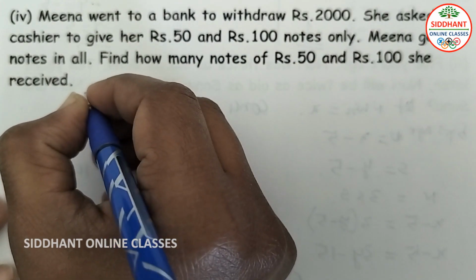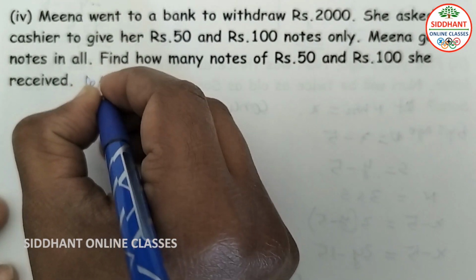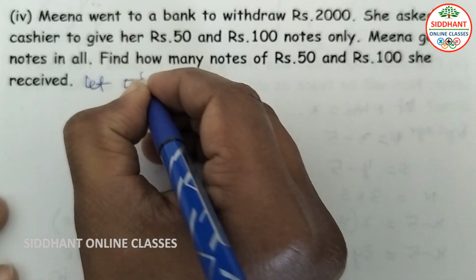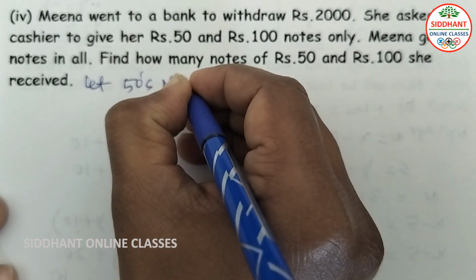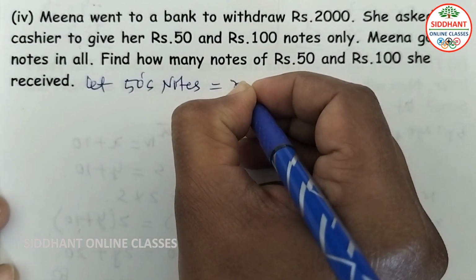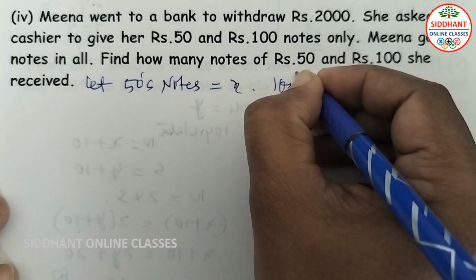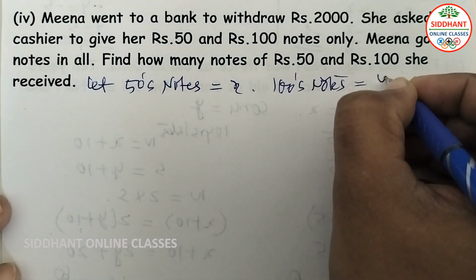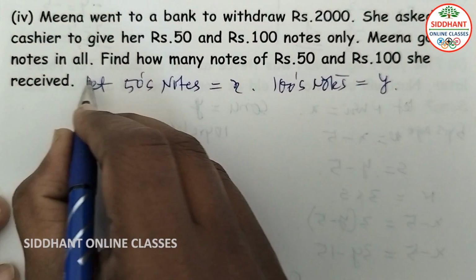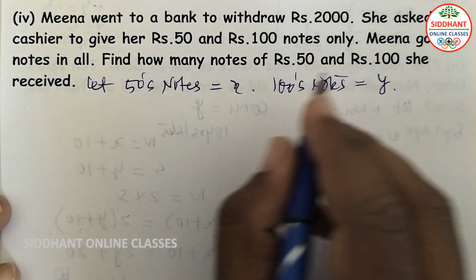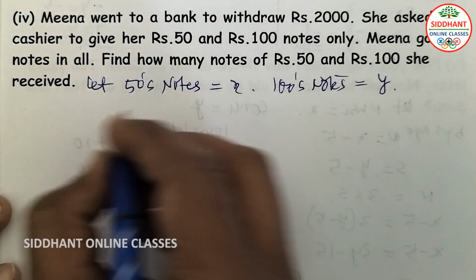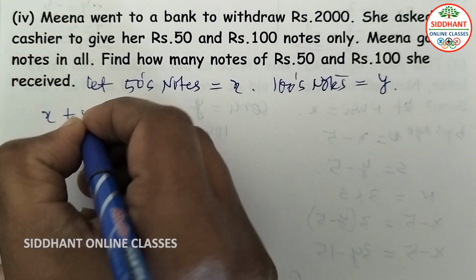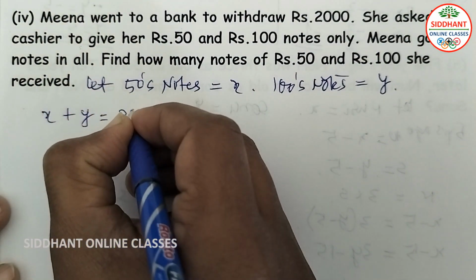So here let 50 rupees notes equal x and 100 rupees notes equal y here. Now the total number of notes is 25. That means x plus y equals 25 here.